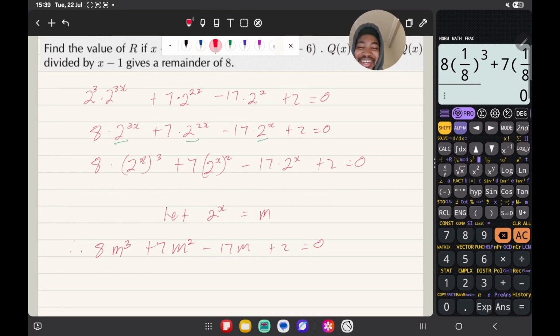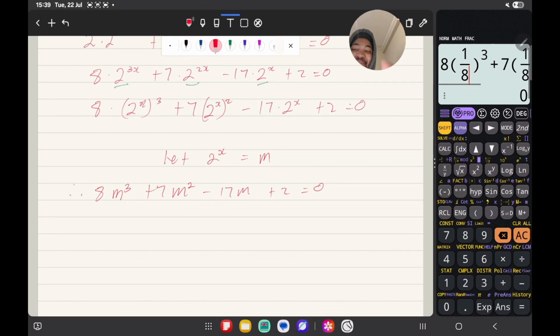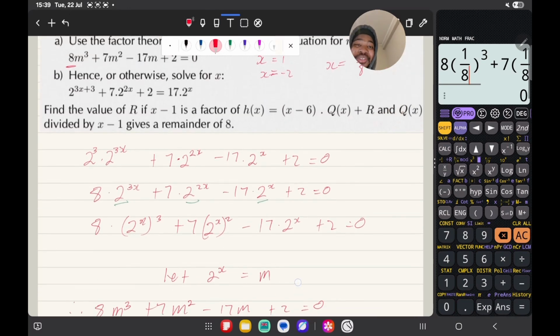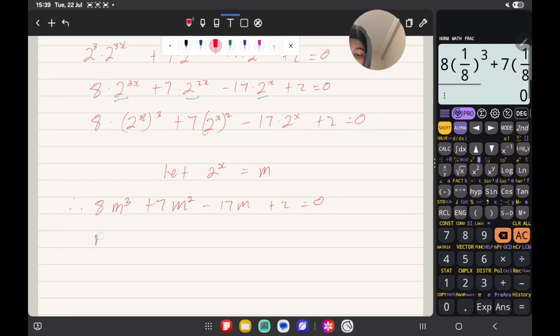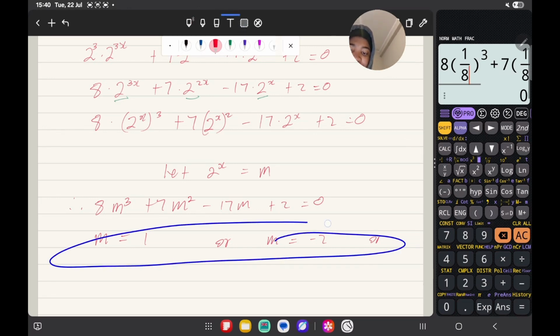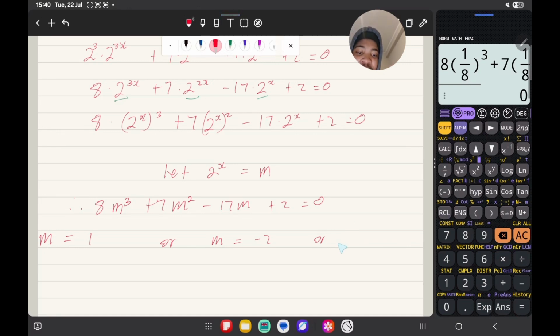This is exactly the same as what we solved. What did we find out? x was in place of m, so we had m equals 1, or m equals minus 2, or m equals 1/8.